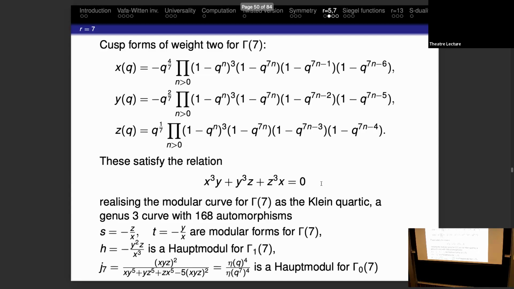So here I wrote it wrong, but anyway, if I take the quotient of the coordinates S and T, these are modular functions, not modular forms, on gamma 0. And this thing is a Hauptmodul, so it generates things as rational functions. So the rational functions on these curves are given by expressions in this. And then we also have this, which is a corresponding thing for gamma 0.